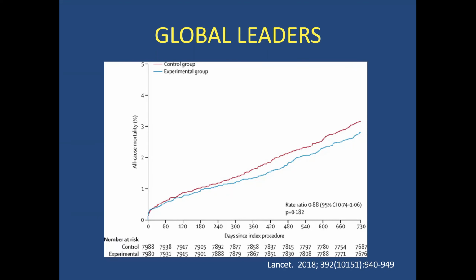So the primary endpoint for this study was all-cause mortality and recurrent MI. It did not meet its primary endpoint, so overall a negative trial in this certainly unique antiplatelet regimen. There was decreased bleeding with the ticagrelor, but overall a negative trial which did not show mortality benefit with the use of just ticagrelor.